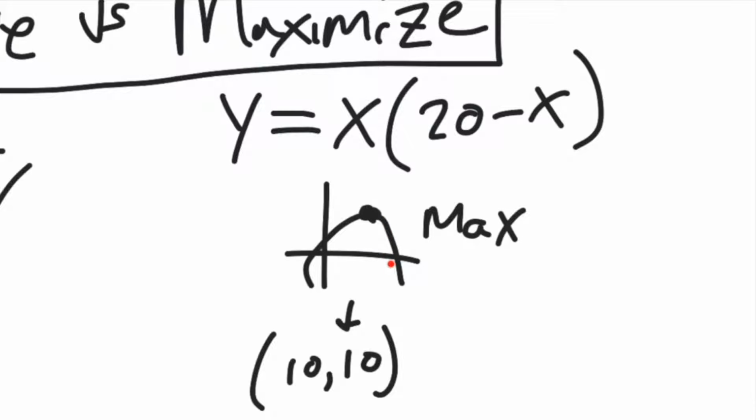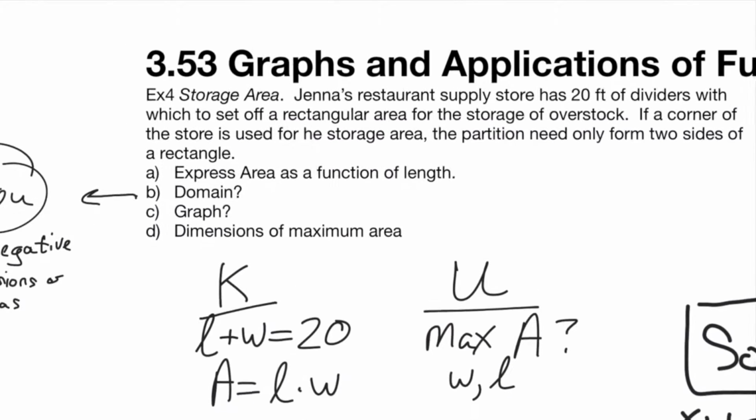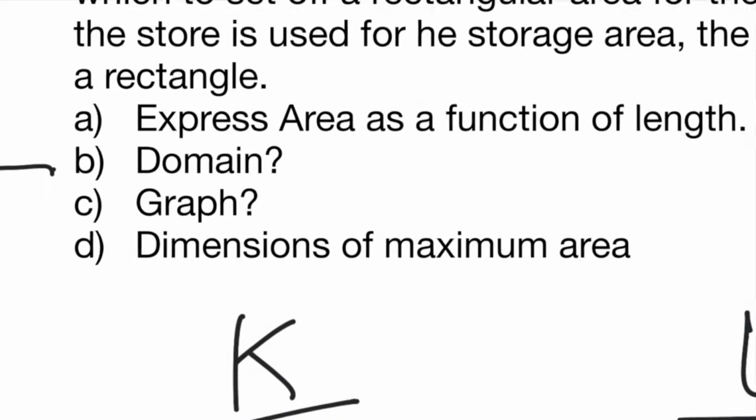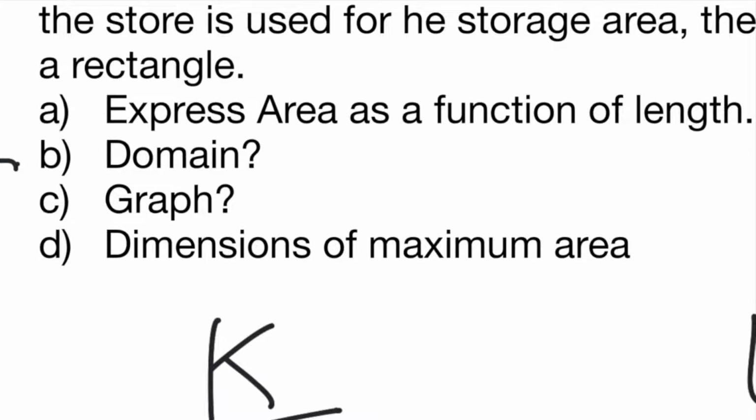You can graph it by paper if you want, but it's really fast on Desmos, and then you can find the maximum. The answer is going to be the maximum point, or sometimes the minimum point, depending on the word problem. So the goal is going to be to focus our energies and get down to one equation with two unknowns, and this y value is what we're going to have to be maximizing. Pretty sure most of the problems in the textbook are going to be asking for a maximal area. You can see maximum area.